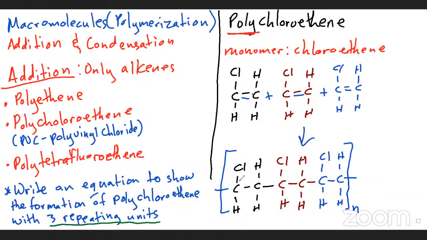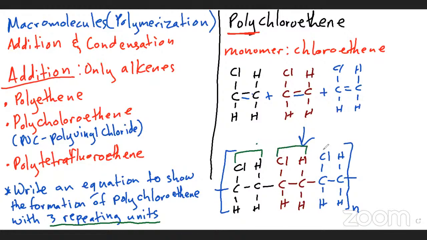All right, this polymer here has 3 repeating units. So if you look at this, what is repeating each time is your monomer, basically: 2 carbons with a chlorine on the first one.